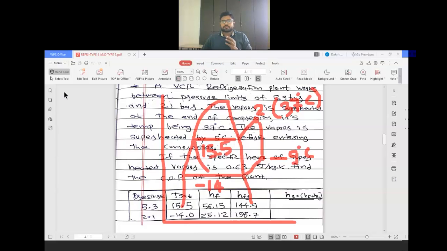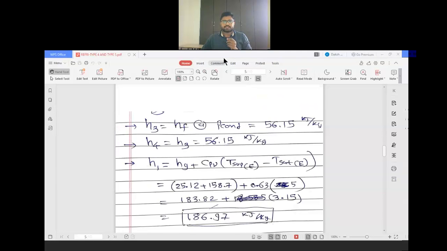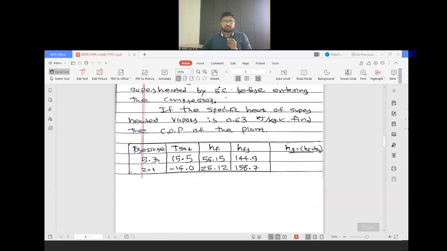So all the temperatures are given, so it would be easy to find out all the enthalpies. Just put all values in the formula. So here you can see H3 is equal to Hf at P condenser. P condenser means the higher pressure will be known as condenser.